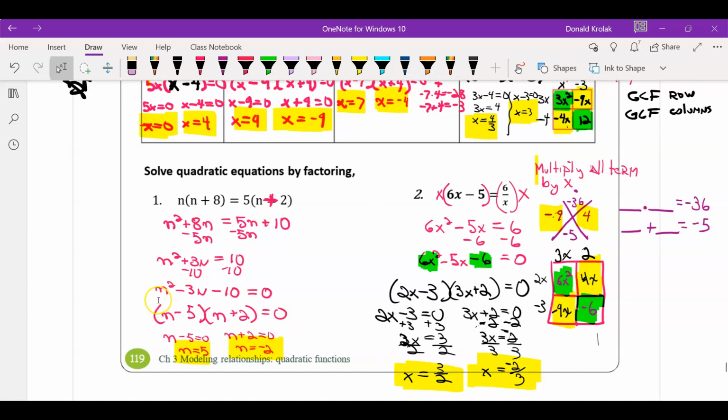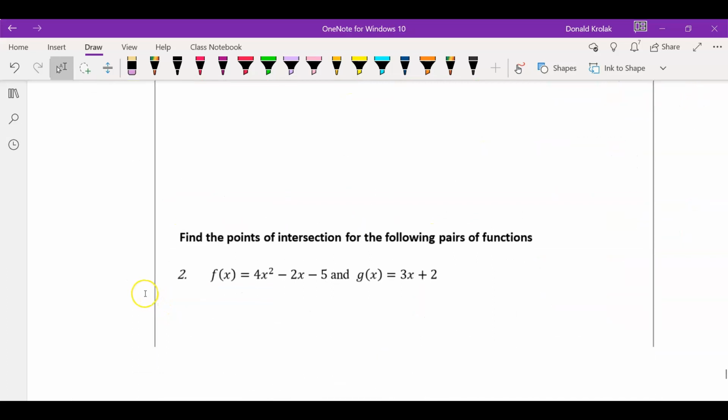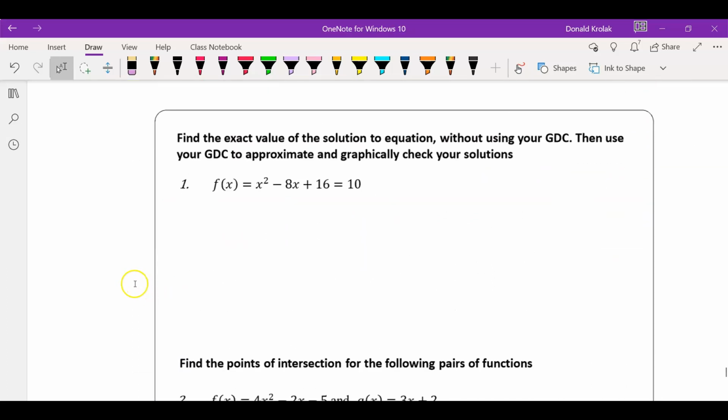All righty. Okay, here's what we're going to do. We're going to graph this on our calculator, and then we're going to graph this on our calculator.